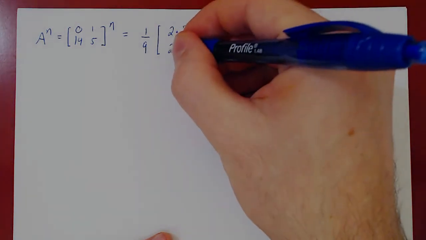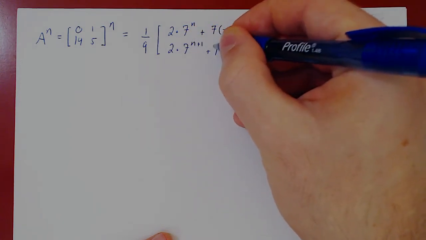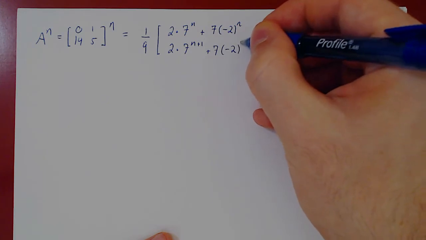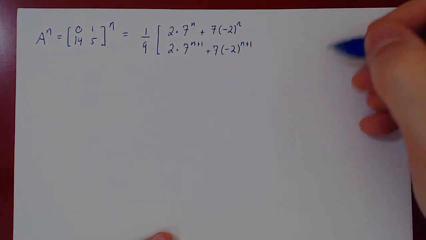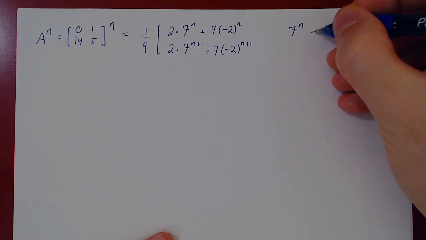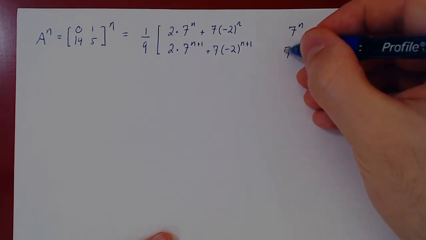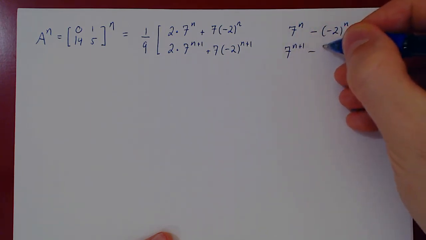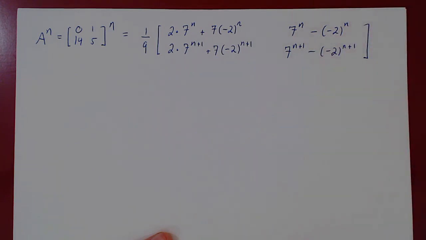Then you should have 2 times 7 to the n plus 1 plus 7 times negative 2 to the n plus 1. This is your first column. For the second column, you should get 7 to the n minus negative 2 to the n, and then 7 to the n plus 1 minus negative 2 to the n plus 1. And again, this is just using our knowledge of eigenvalues and eigenvectors.